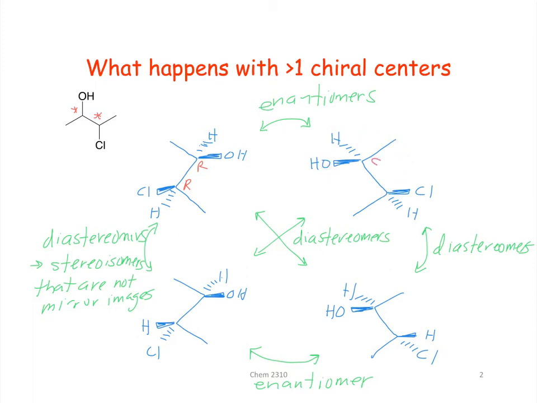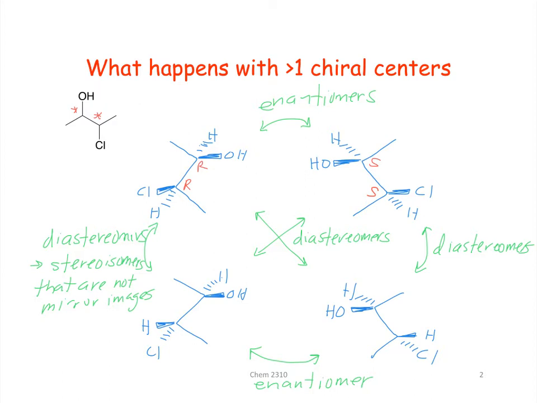So this would be S. Same with this one. Chlorine, number 1. Carbon with alcohol is 2, methyl is 3, 4 is in the back. Going counterclockwise. This is S. So when we have our two enantiomers, notice that each chiral center is reversed.